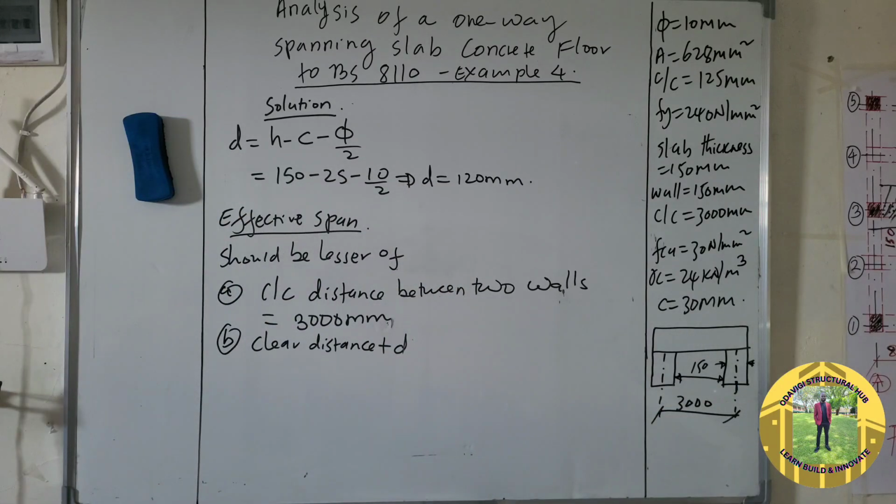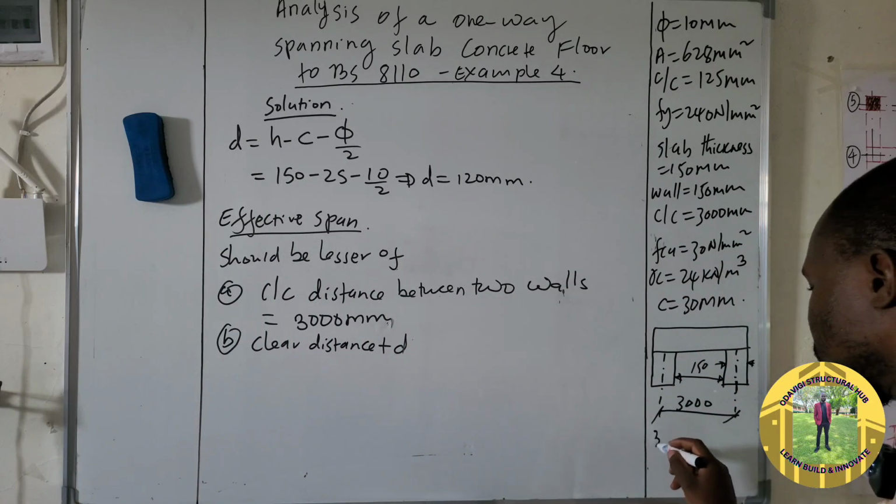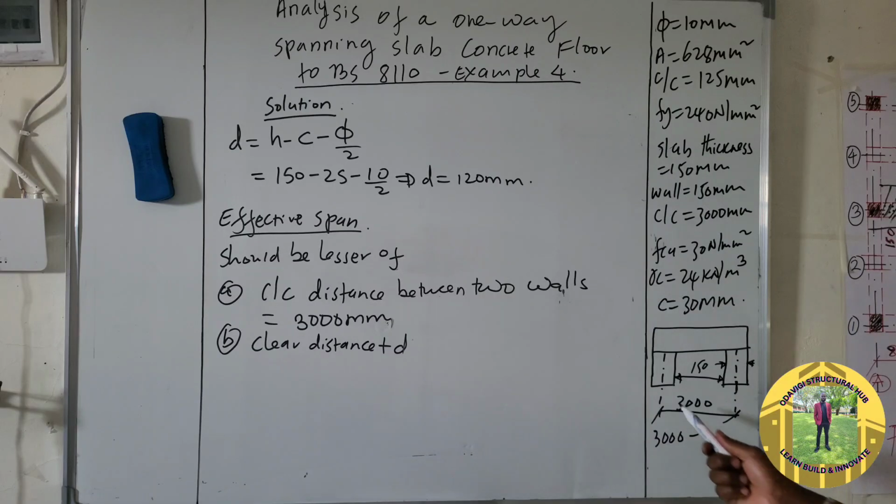So this internal distance between these two walls is given by 3000 minus a half of this wall and also a half of this wall. So the wall thickness is 150, a half of 150 is 75, 75 times 2 is 150, which implies clear distance is equal to 2850 millimeter.